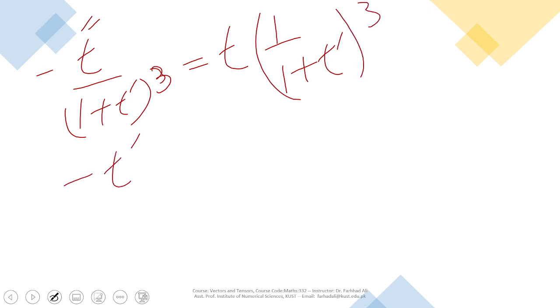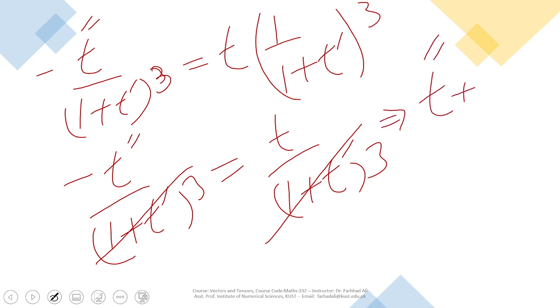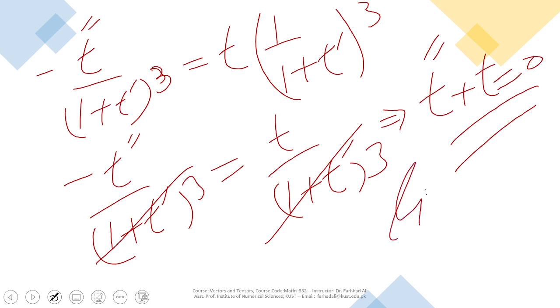So minus t double dash over 1 plus t dash cube equals t over 1 plus t dash cube. So what do I get? I get a linear differential equation, t double dash plus t equal to 0, which is a very simple linear differential equation, and that is our goal. So what is the solution of this differential equation?